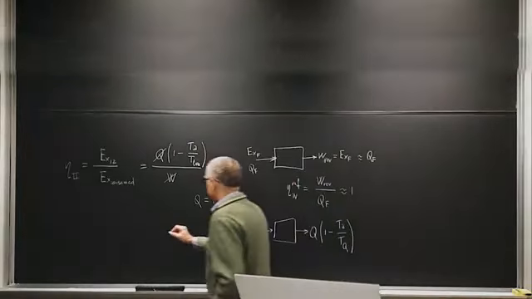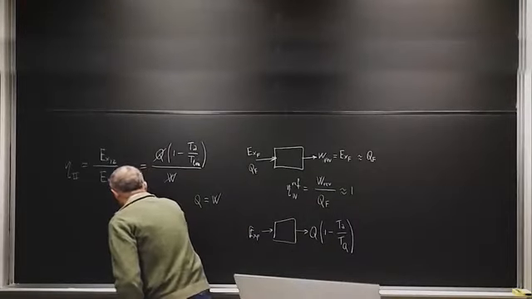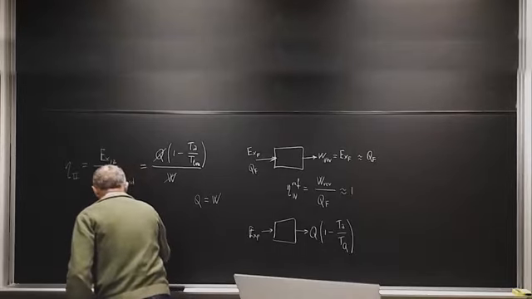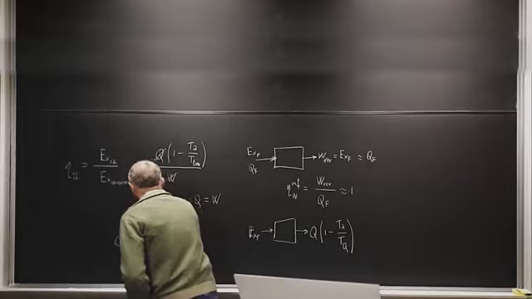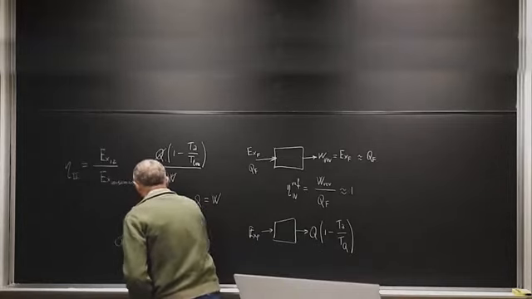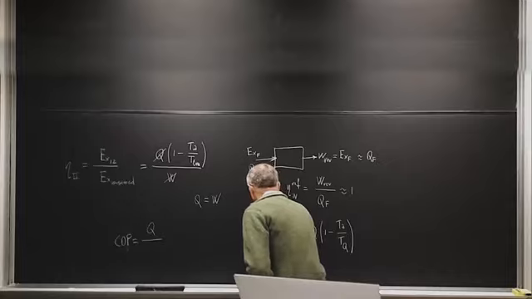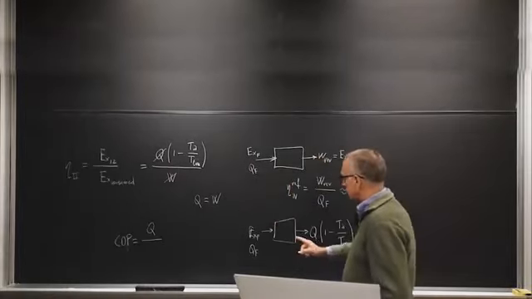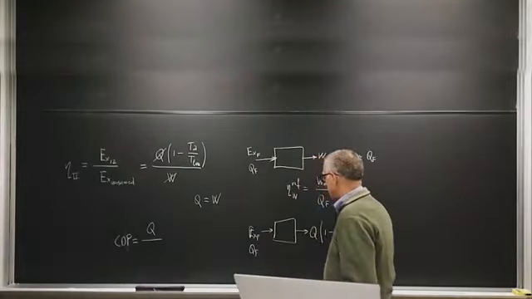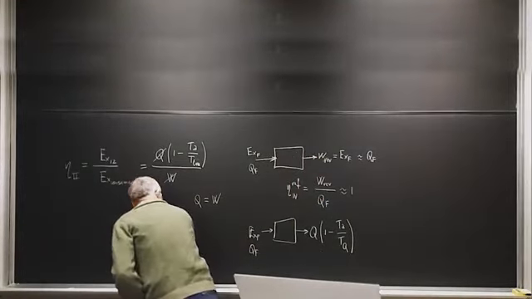So the eta, let's call it COP, would be the Q divided by the energy of the fuel, because COP is a first law idea. So the energy of the fuel, and the energy of the fuel is QF.